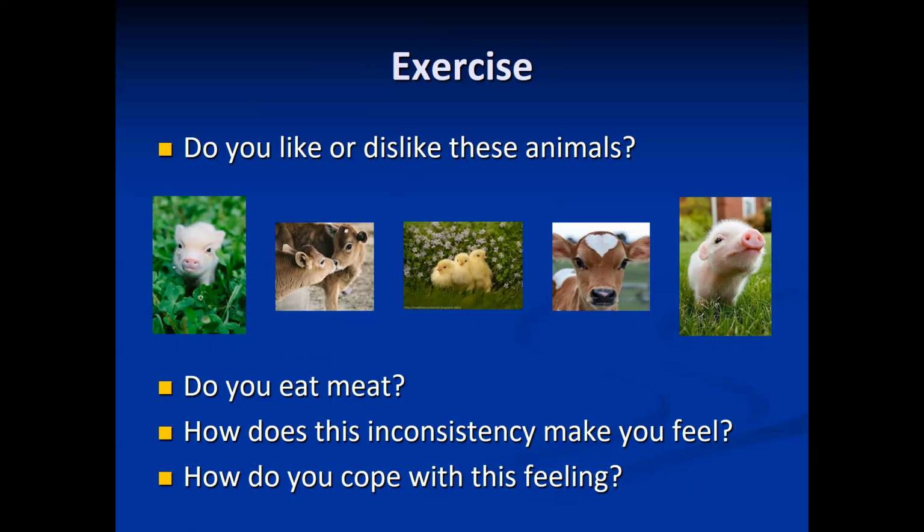Most people have a positive attitude towards the animals shown. Most people like the cute piglets, chicks, and calves. However, most people also eat meat. If you are one of these people, how does this inconsistency make you feel? How do you cope with this feeling? If you are a vegetarian, put yourself in the shoes of a meat eater in order to answer the questions.